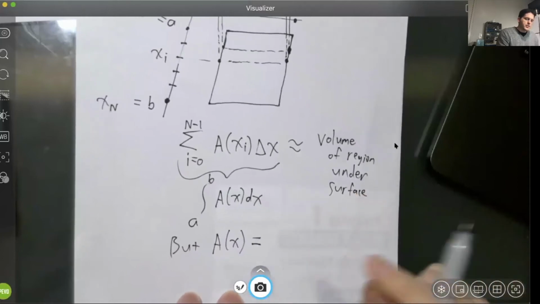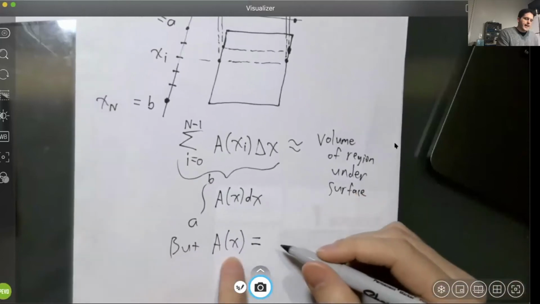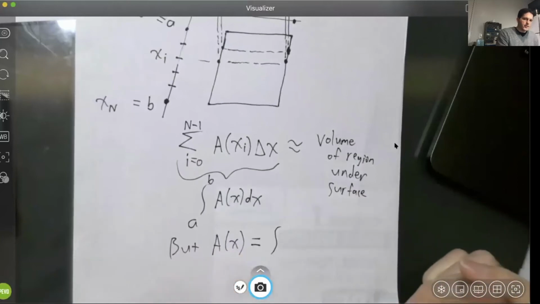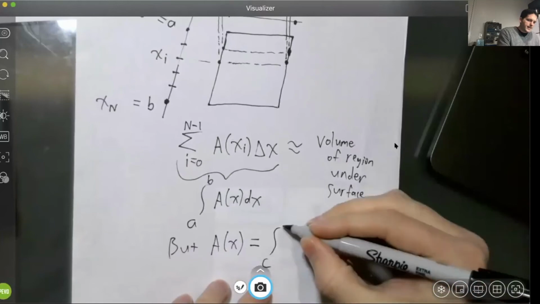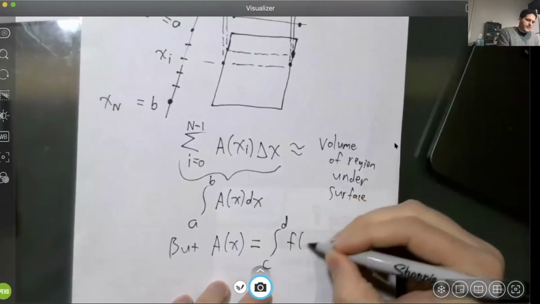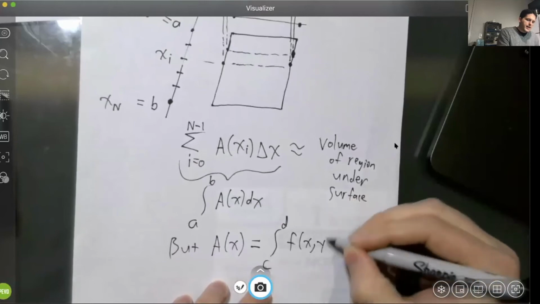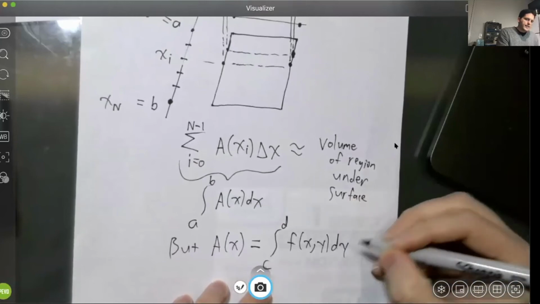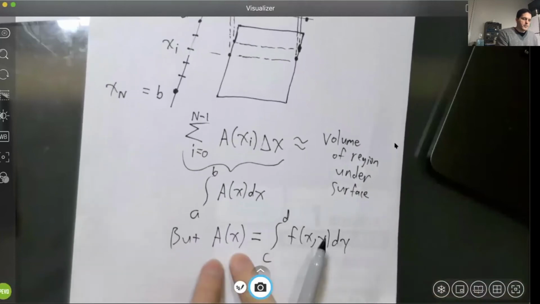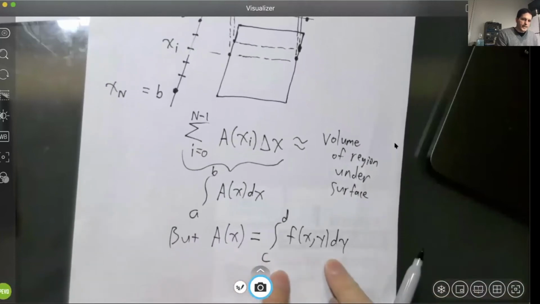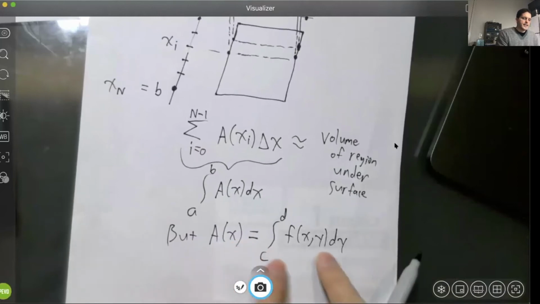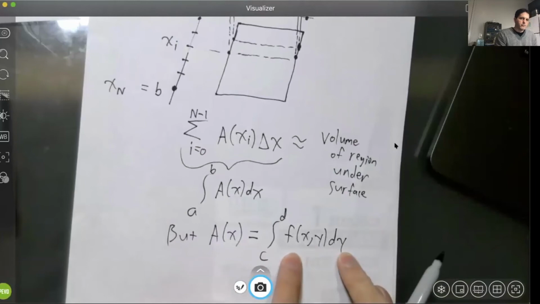Just using single variable calculus, A of x can be computed as itself an integral, and it's the integral from c to d of f of x, y, dy. In single variable calculus, we compute an area by doing an integral just like this. Keep in mind, think of x as held fixed, and then we're integrating with respect to y.